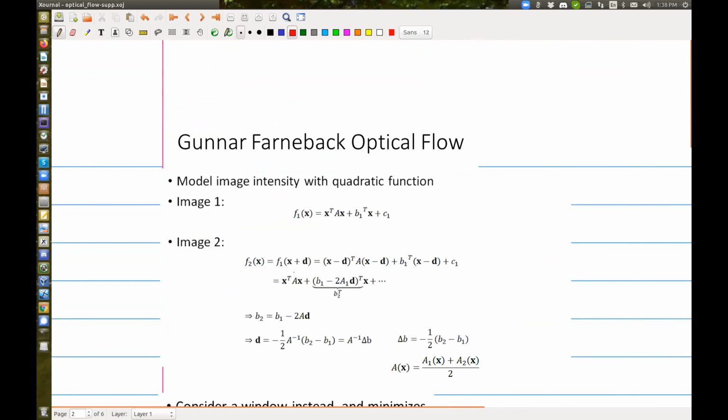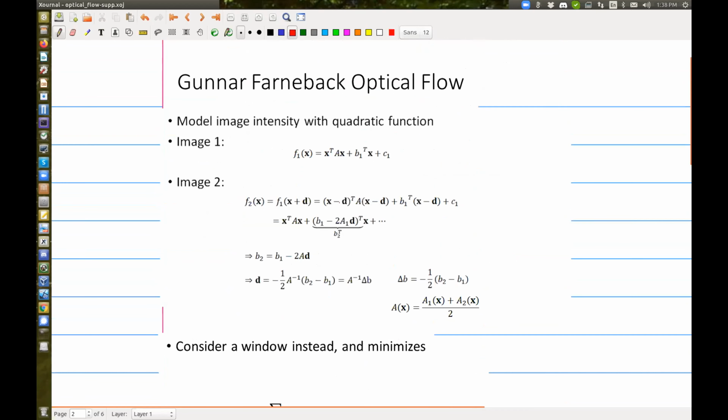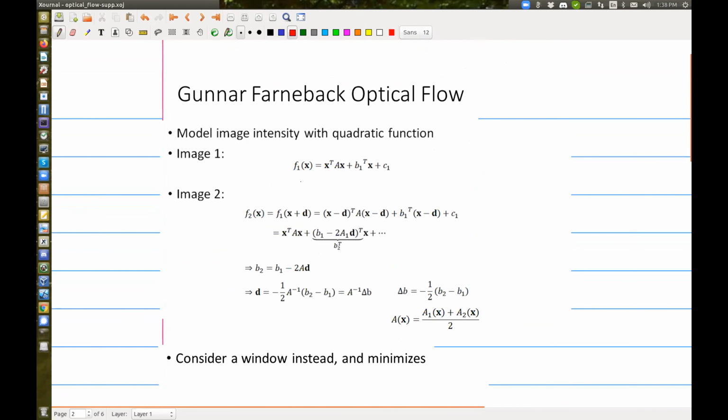And we also mentioned the Gunnar Farnebäck method, which takes a quite different approach. Of course, it also needs to satisfy the brightness constancy condition. But here, we also add an additional assumption that the image can be fitted using a quadratic model.